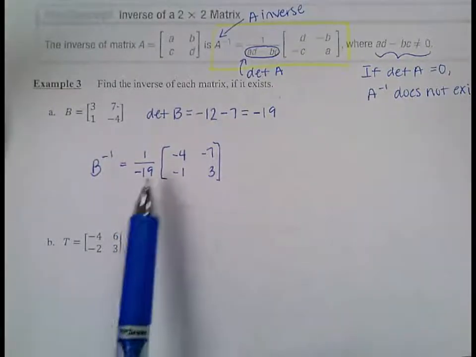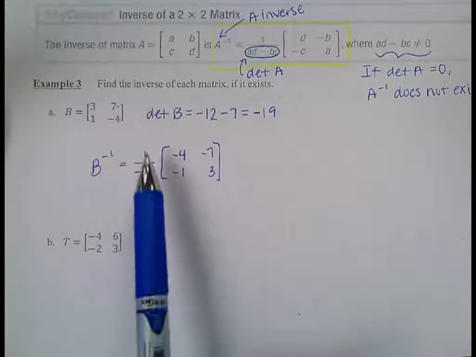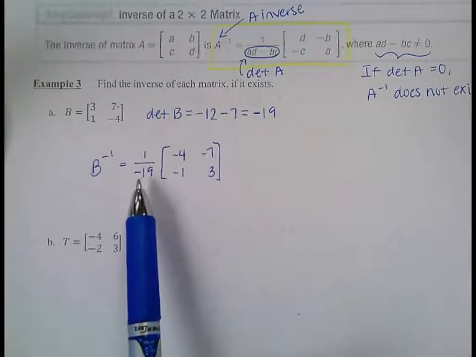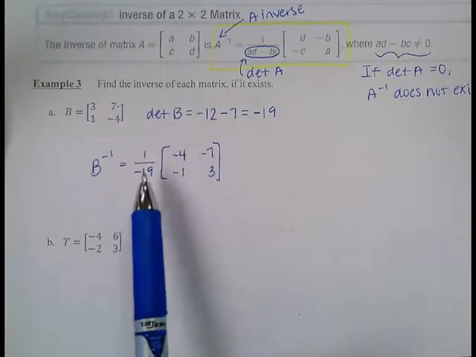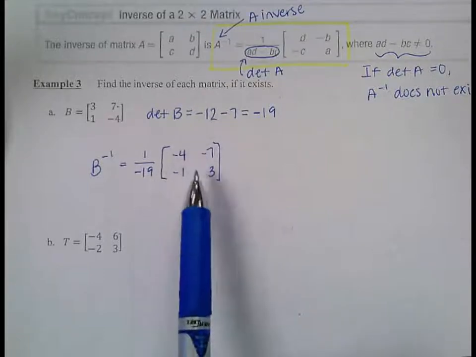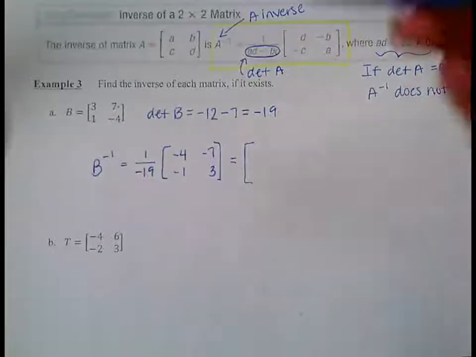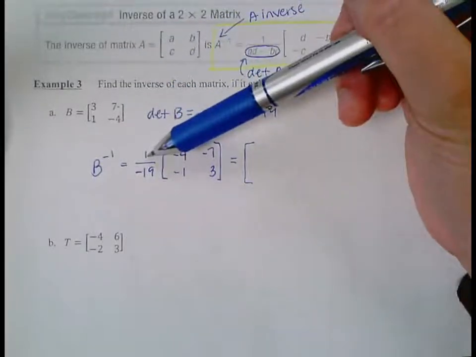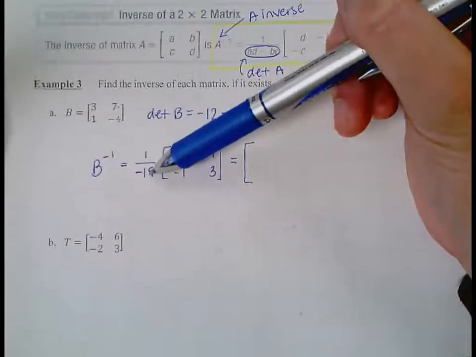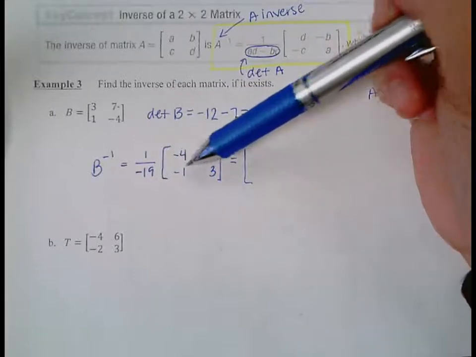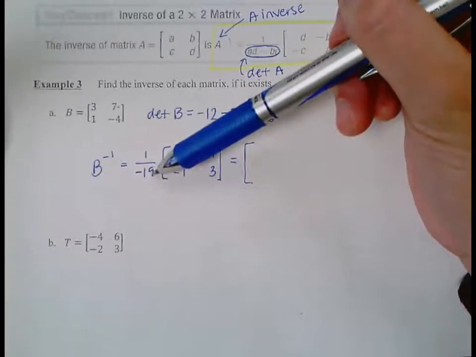All right, so then this is a scalar out front. It's a fraction, negative 1/19. You have to multiply this by every element in this matrix. Another way to think of this, though, is when I multiply by negative 1/19, I'm really dividing all of these numbers by the negative 19.